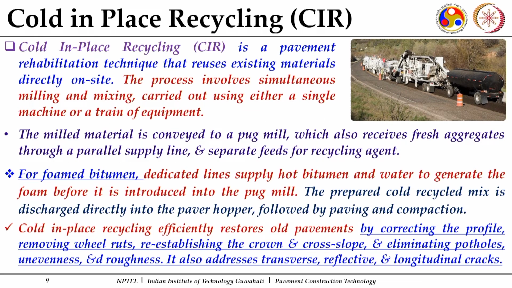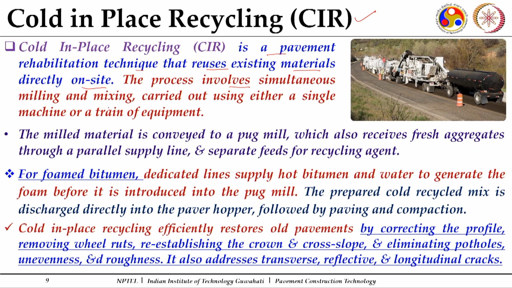The second, as the word itself says, is cold in place recycling, when you do the recycling in situ, at the site itself. Cold in place recycling is a pavement rehabilitation technique that reuses existing materials directly on the site. So you don't have to bring your reclaimed asphalt materials to the plant. You may have one single piece of equipment, or a train of equipment, as in the case of hot in place recycling, but there is no heating involved here.